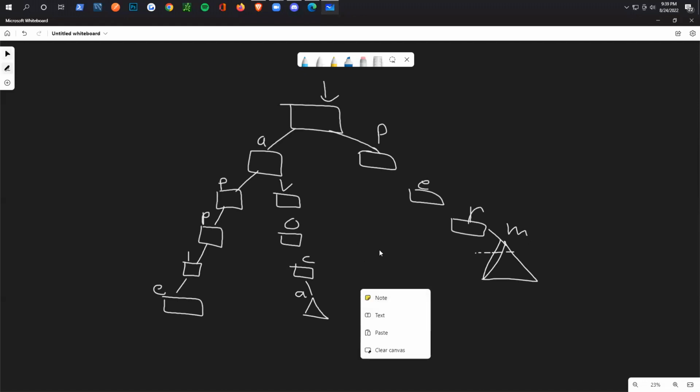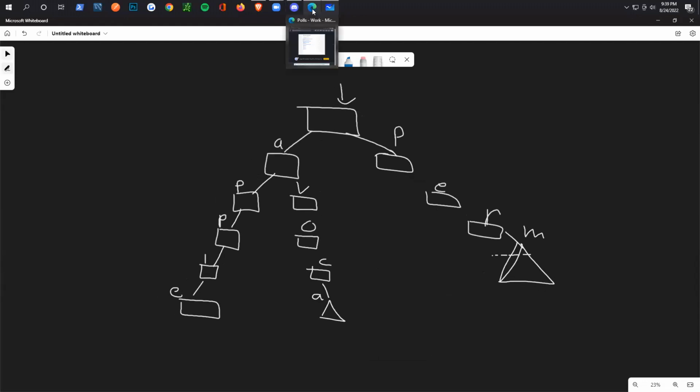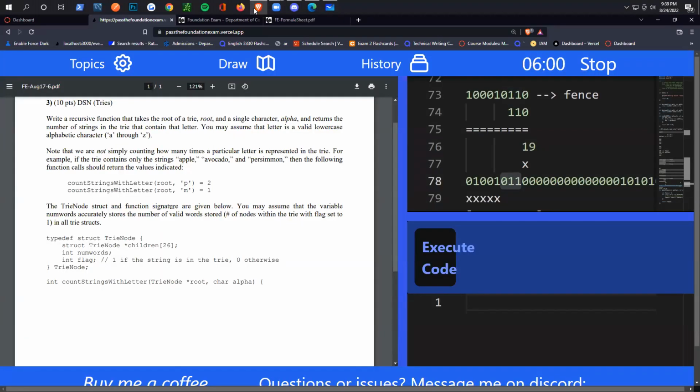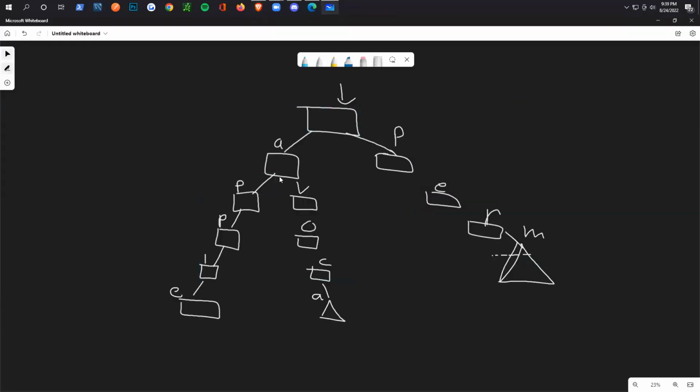etc. So let's see what the struct has for us. The struct has numWords, a flag, and the children. So we know the children, we have them out here. We need the flag. The flag is just going to tell us whether there's a word. So for example, we're going to have a 1 right here at the flag, and we're going to have how many words are in this subtree.